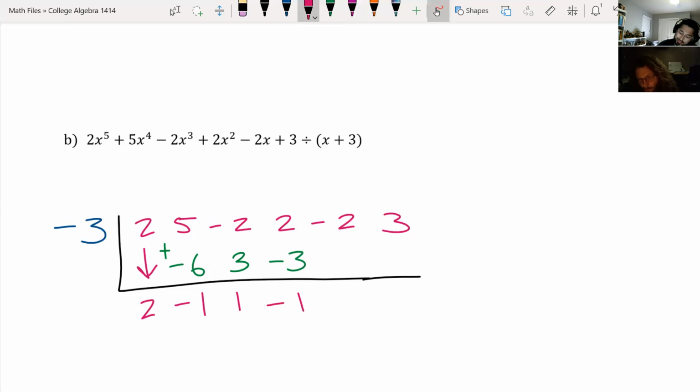And then -3 times -1, you get +3, which leaves you with 1. And then -3 times 1 means we get -3, which leaves us with a remainder of 0. Everybody good with that?